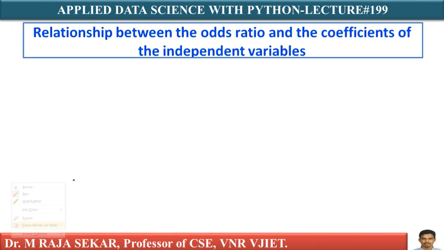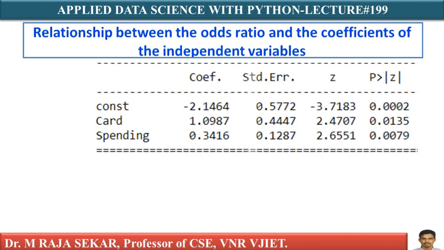In this lecture, we will calculate the odds ratio with the help of the coefficients of the independent variables. This is a very useful relationship. How this relationship is useful for finding the odds ratio, we will try to understand.